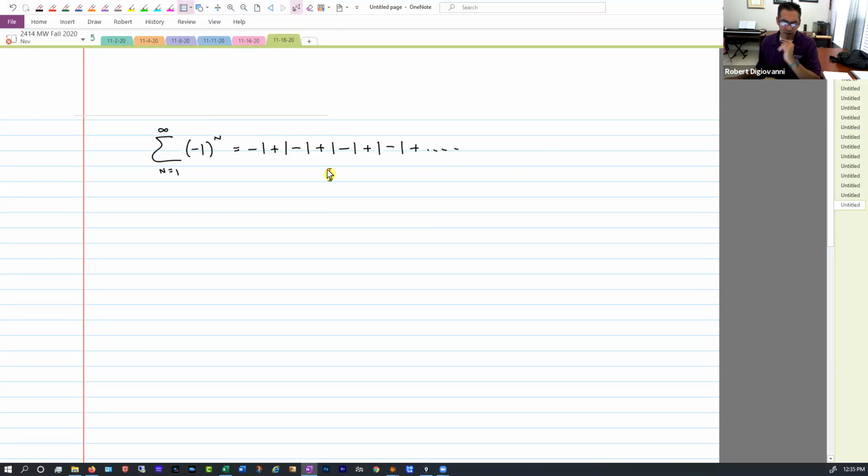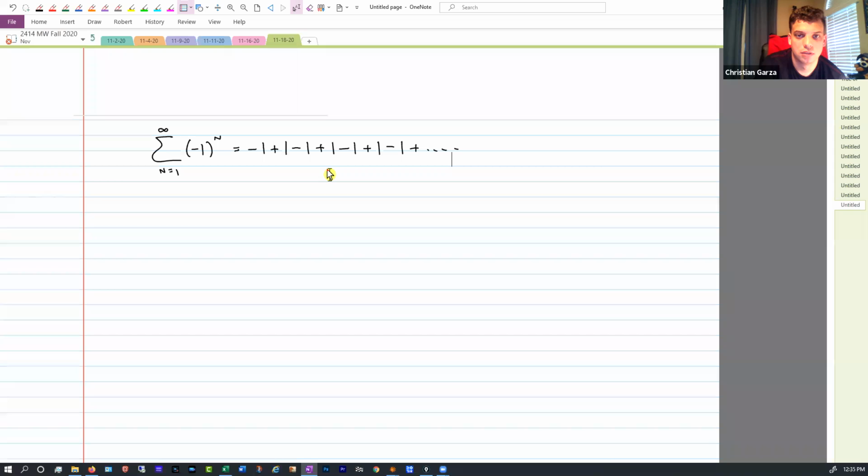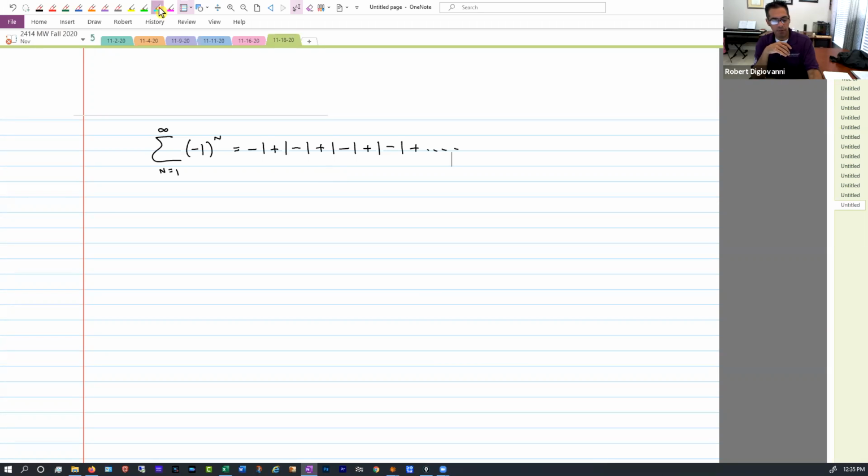Does anyone have an idea of whether this would converge or diverge? I would think that it would converge, but to 2 different values, because when n is even the value would be 1, and if it's an odd number, it would be -1. Yeah, so if you look at the first number, it's going to be -1, right?